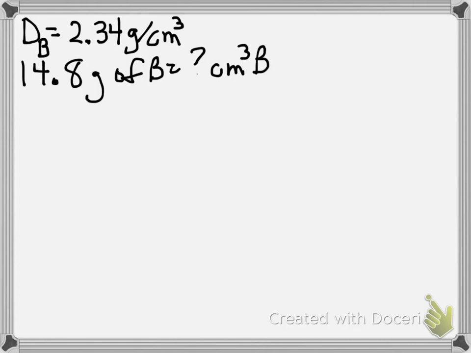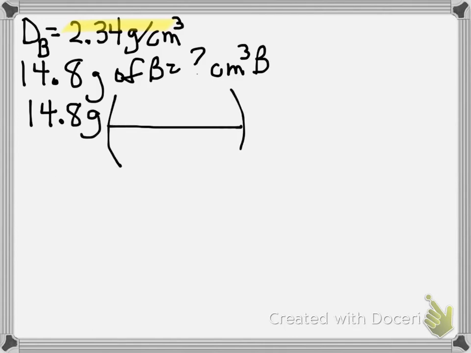So again, we're going to use this density information as a conversion factor. We're still starting with the 14.8 grams as our starting point. Because grams are in the numerator, they have to go in the denominator. We're going to change it to cubic centimeters. Now, this conversion factor here, that's that density information.